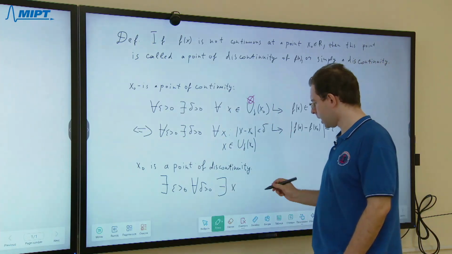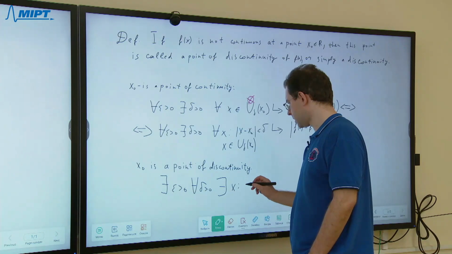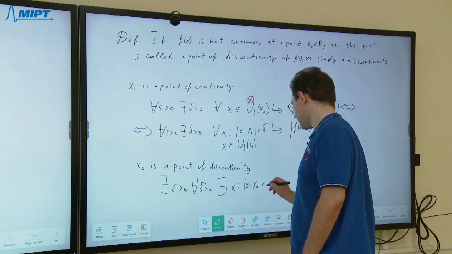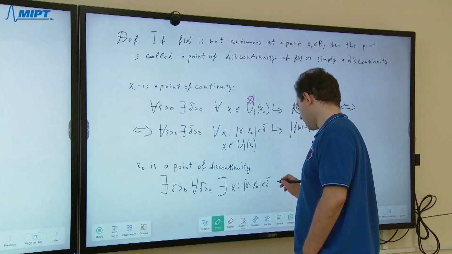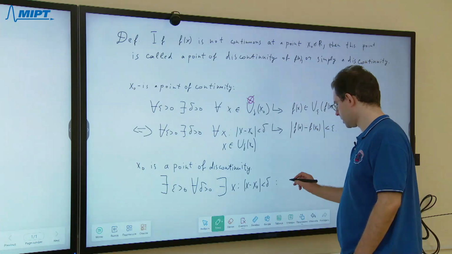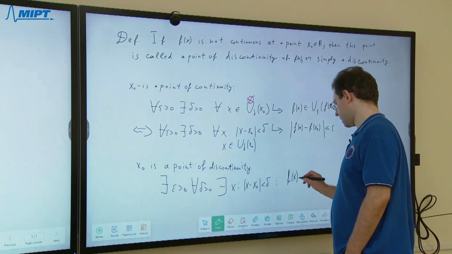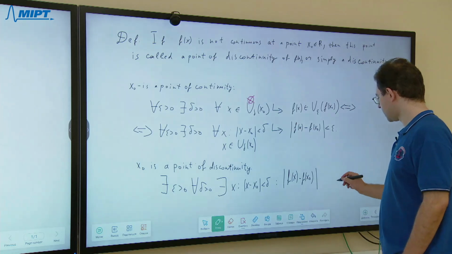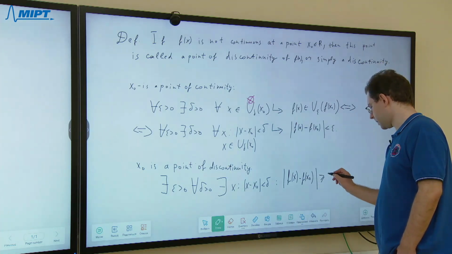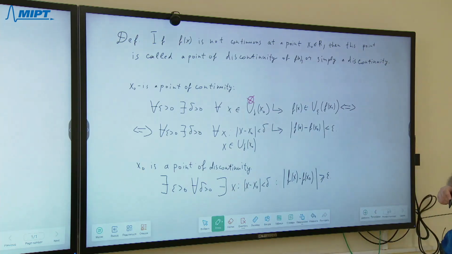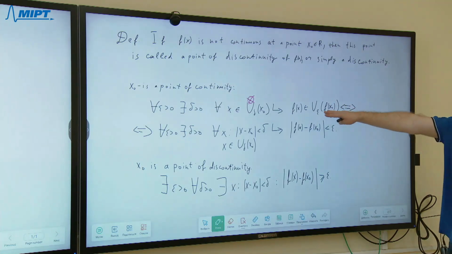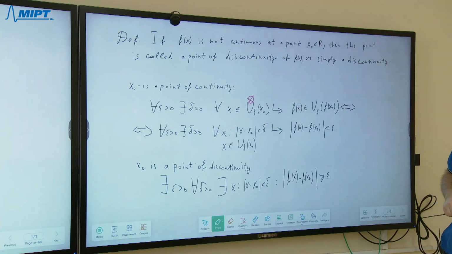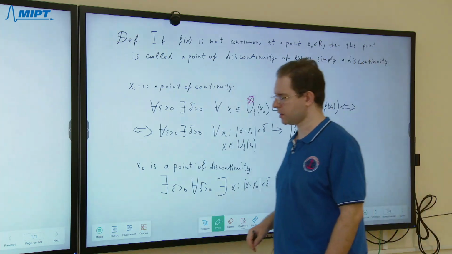So I'm writing x is from just the neighborhood, so absolute value of x minus x0 less than delta, such that absolute value of f of x minus f of x0 is greater or equal than epsilon. Okay, so this is a point of continuity, this is a point of discontinuity. Very well, any questions?